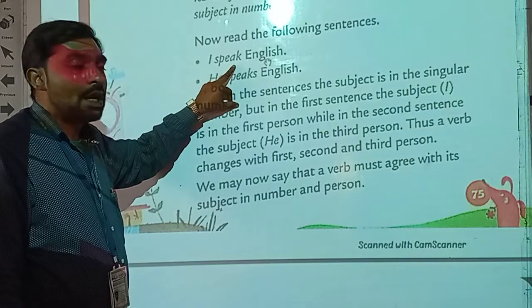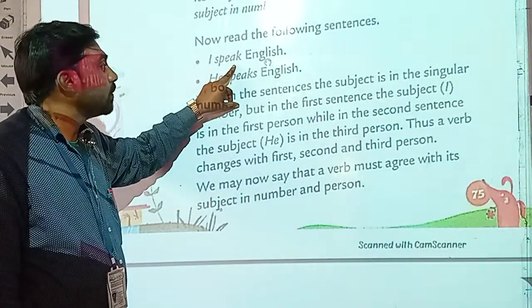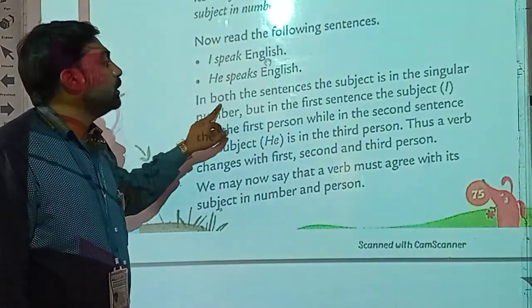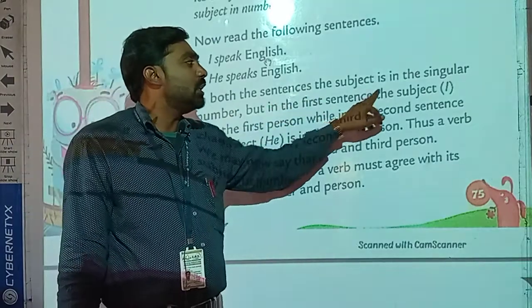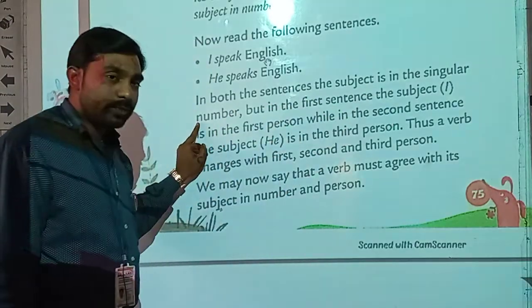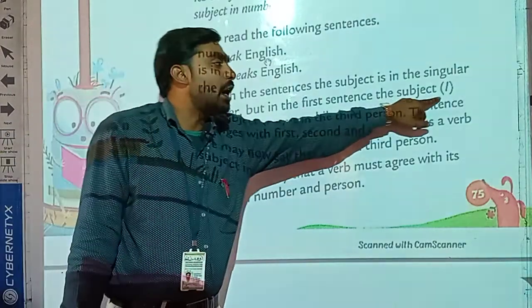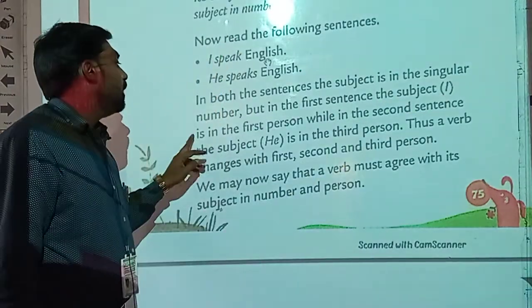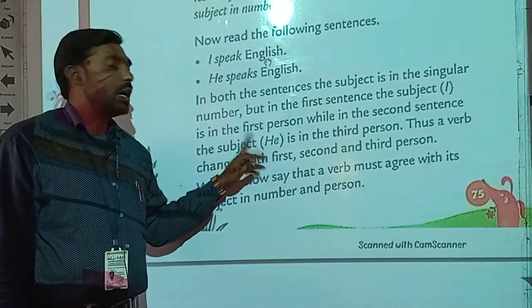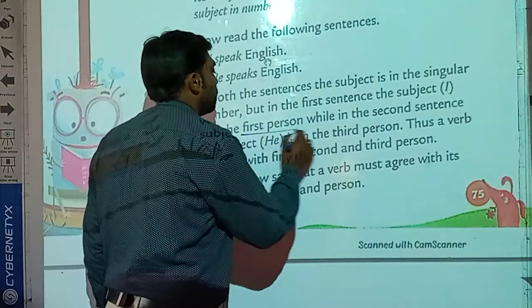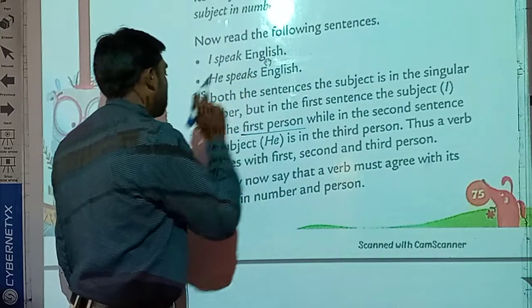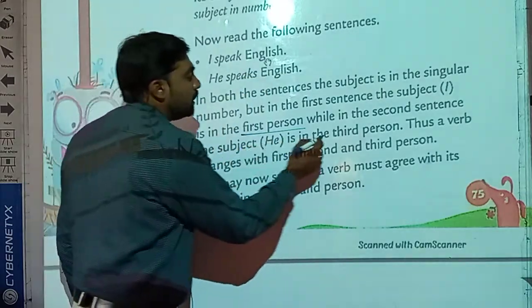So there is no need to add s or es. Okay. In both the sentences, the subject is in the singular number. But in the first sentence, the subject I is in the first person, while in the second sentence, the subject he is in third person.